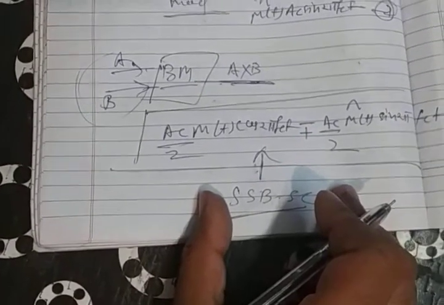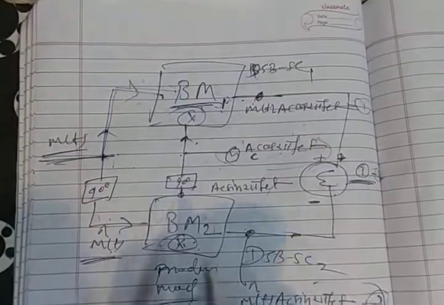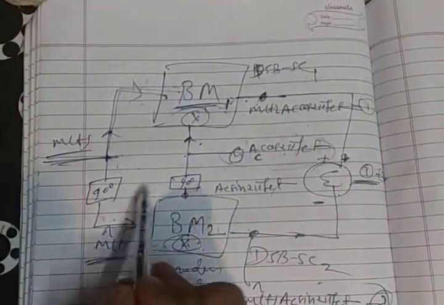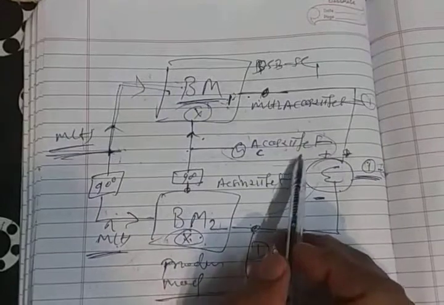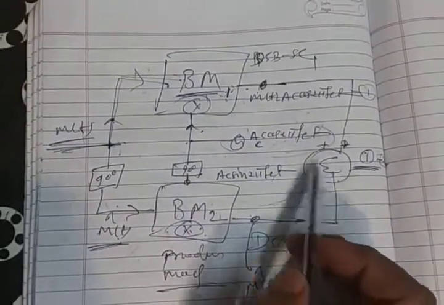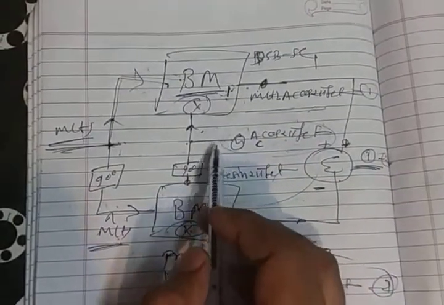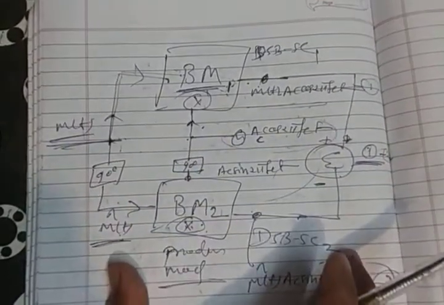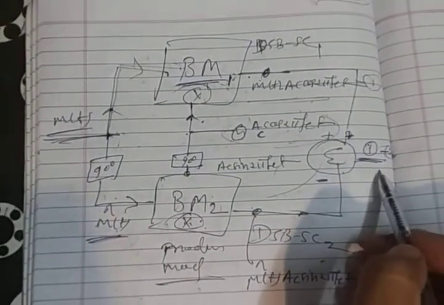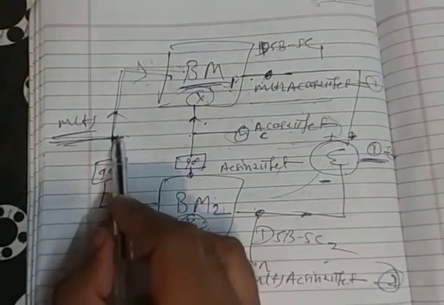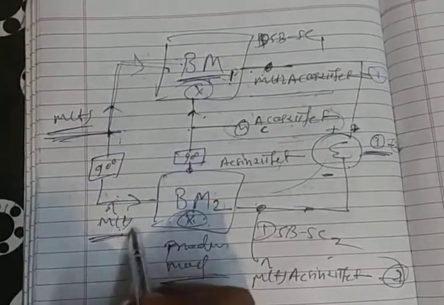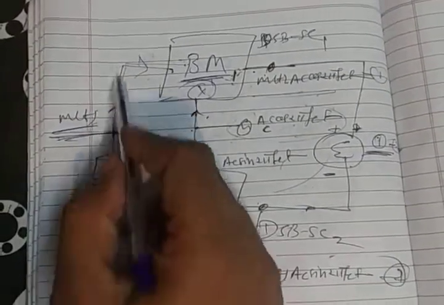This block diagram is very important. Once again, see how to generate the SSB-SC signal. m of t passes through this channel: one is the 90 degree phase shifted m of t, the second is the pure m of t.